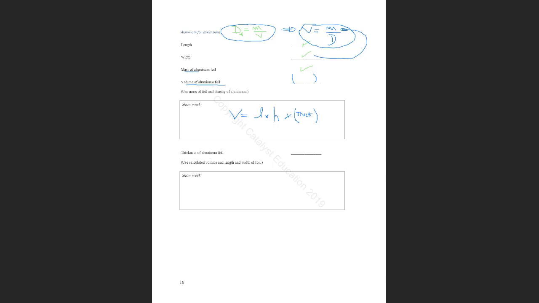But you have the volume, you have this value, and you have this value. So what they are asking you is the thickness of the foil is going to be the volume that you calculated divided by the length and the height, or the width, whatever you want to call it. Does it make sense?